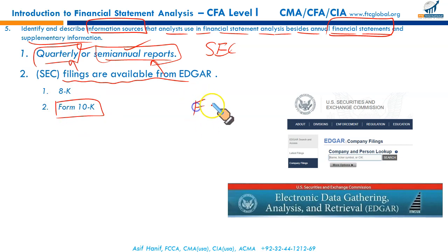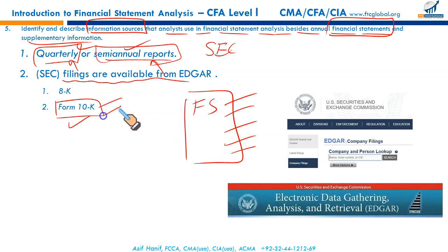If you submit your financial statement, including balance sheet, income statement, and this complete set of accounts, similar information is included in 10K. So you as a company cannot defy submitting the 10K form because you have submitted the financial statement. Everything that is there in 10K is already there in the financial statements.